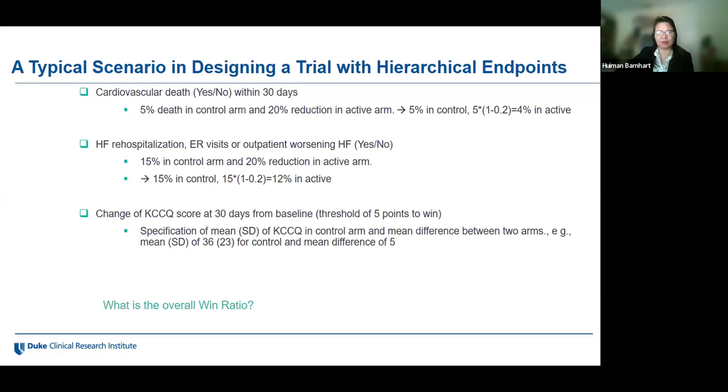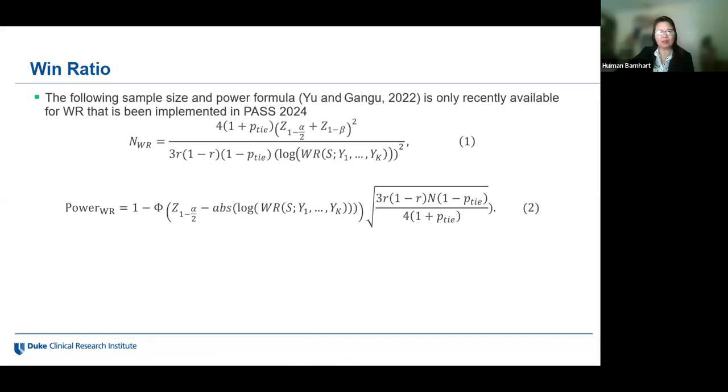In past published papers, you do have a formula, but you need those magnitudes of the win ratio, and based on what you get from the physicians, usually you don't have the overall win ratio.